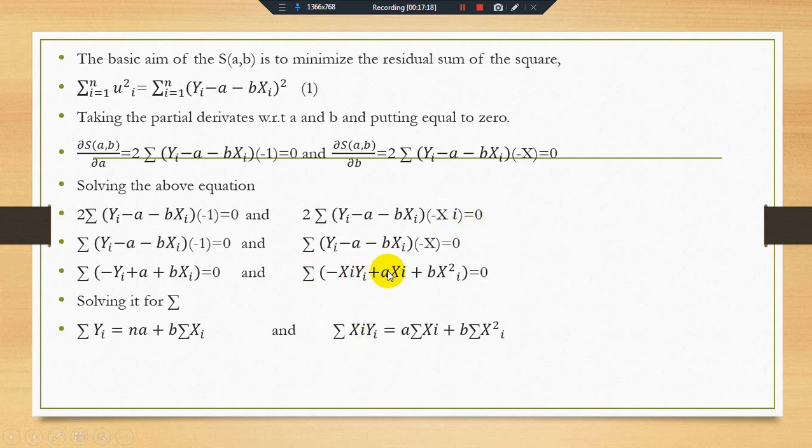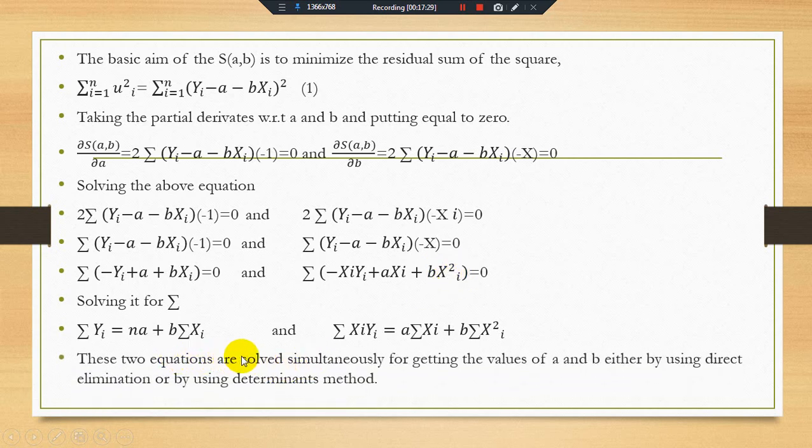And when we multiply the summation by this, we get a summation xi plus b summation xi square. These two equations are solved simultaneously for getting the values of a and b, either by using direct elimination or by using the determinants method.